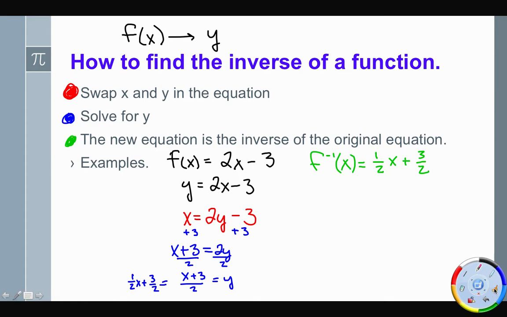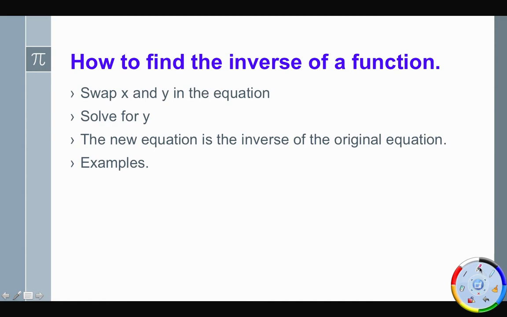Let's try another one. Let's say we had the equation y equals x squared minus 3. Again, we need to swap x and y, just trade places. So we get x equals y squared minus 3.